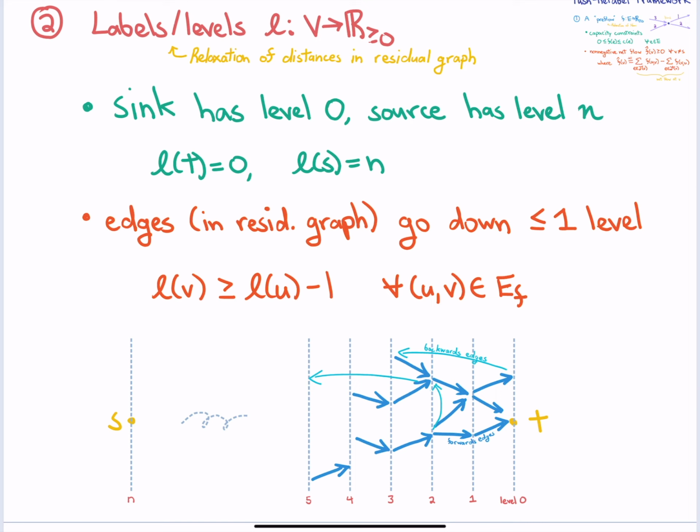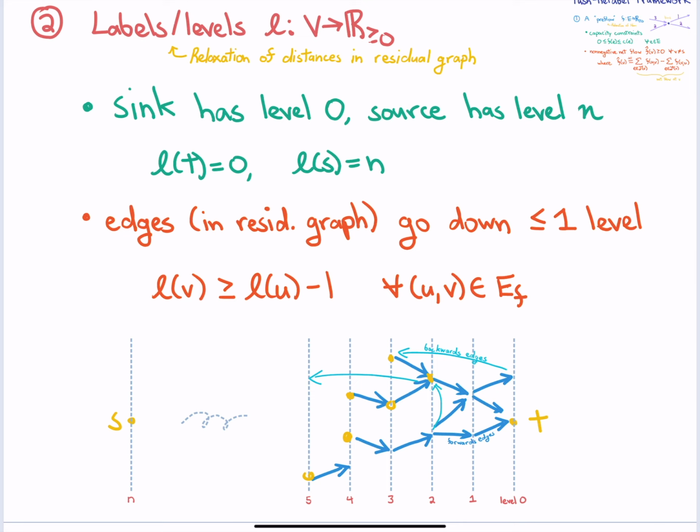If we have various vertices at various labels, an edge going in this forwards direction from a higher label to a lower label can only go forwards one layer. In the opposite direction, you can hop over as many layers as you want. You can have edges between the same layer and stuff like that. But if it's going this way, it can only go down by one level. That's the only rule.